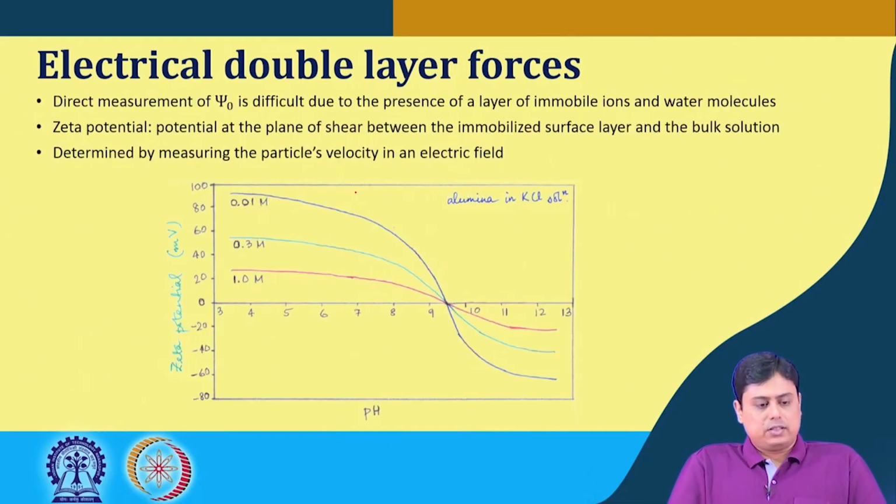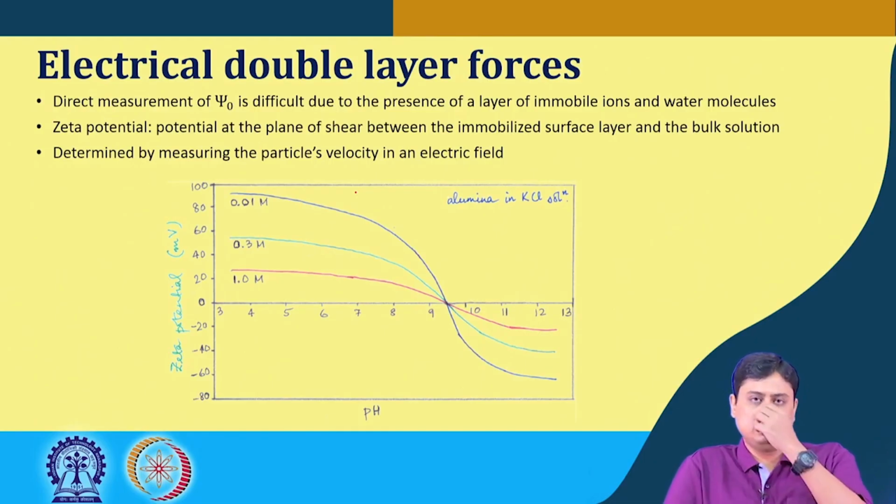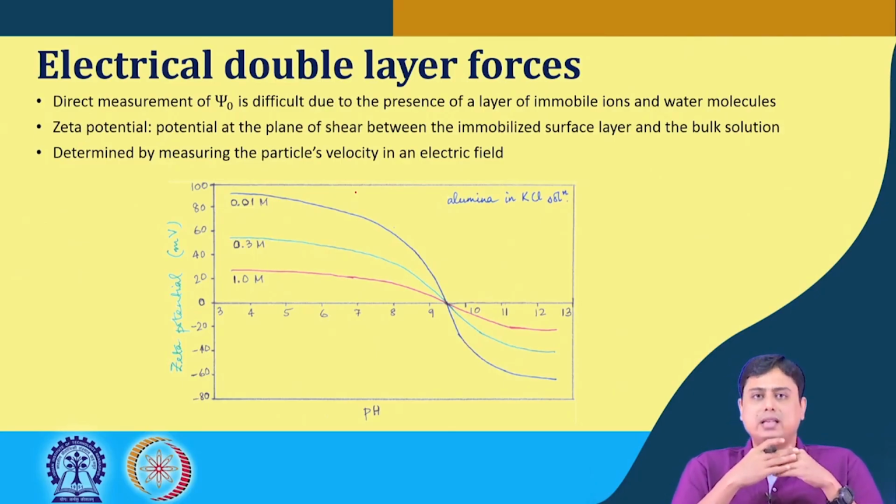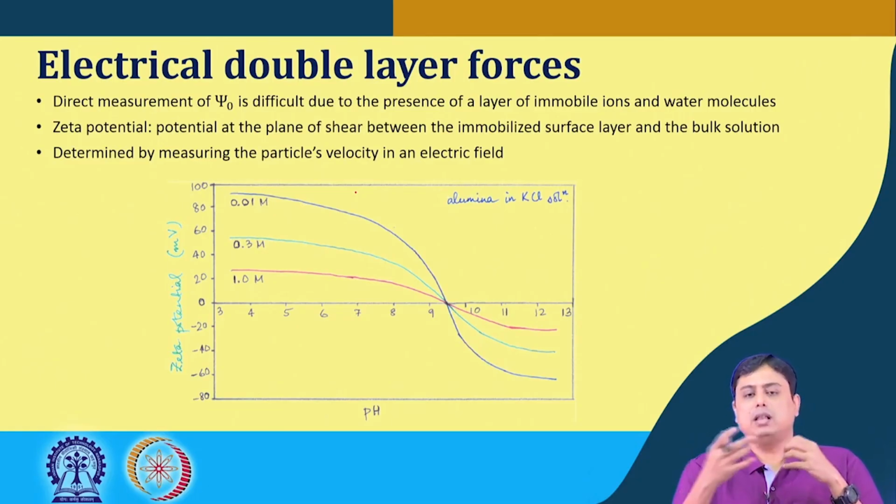Direct measurement of the surface potential is not trivial. It is difficult because there is a layer of immobile ions and water molecules present. Instead, we measure the zeta potential, which is the potential at the plane of shear between this immobilized ion surface layer and the bulk solution.